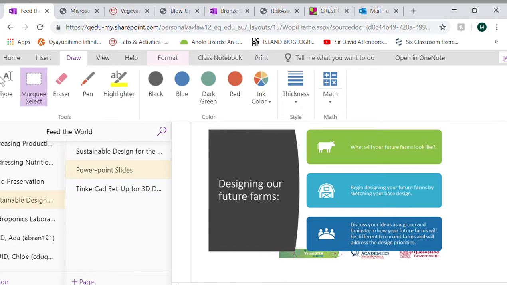And finally, what we wanted to do is look at beginning the design of our future farms. Well, what would your future farm look like? So you'll need to begin designing your future farm by sketching your base design. We discussed our ideas as a group and brainstormed our future farms to see what different current farming practices we would like to use and what we can manipulate and change.